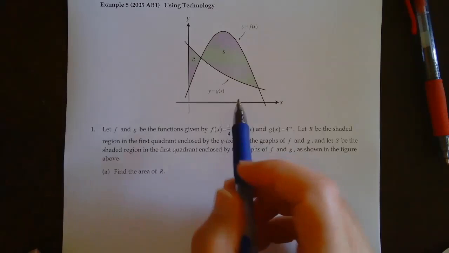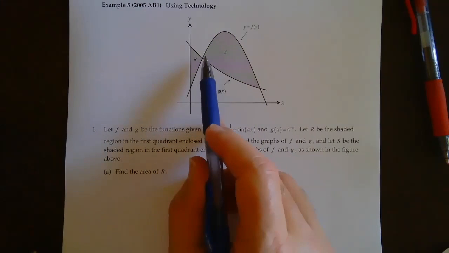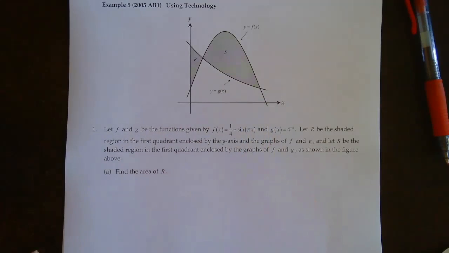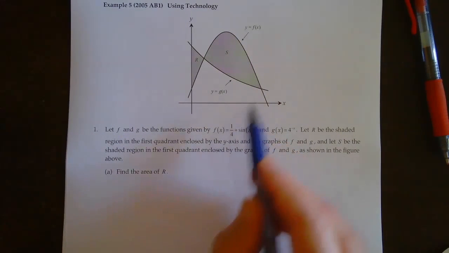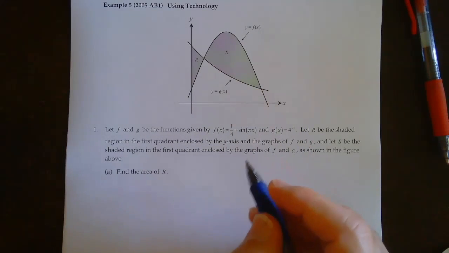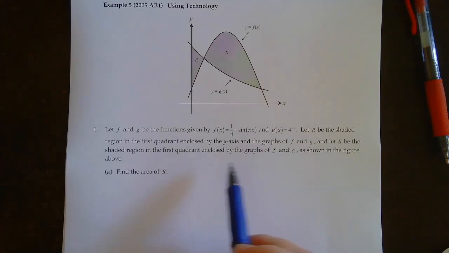Okay, so what we're gonna need to do is we're gonna need to find these two intersection points, right? Now, if you look at part B, we're gonna have to find the area of S. Really, we wouldn't need this one to do part A, right? But I am gonna need this one for part B, so we might as well find it right now, okay? All right, so we wanna set these equal to each other, right?